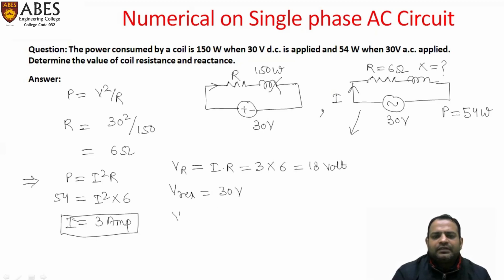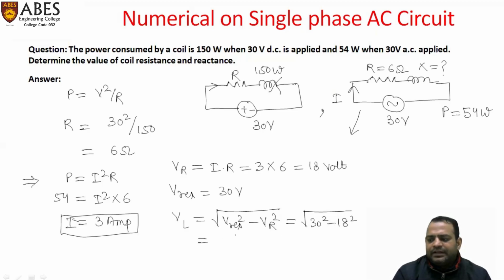So we find the value of VL by using the square root of V resultant square minus VR square. Using 30 square minus 18 square, after solving, we get VL as 24 volt.